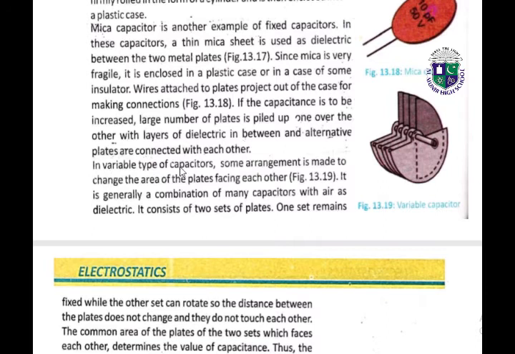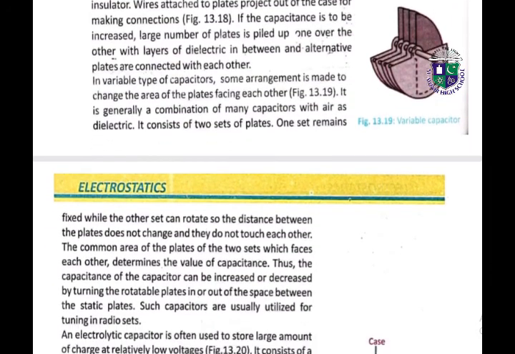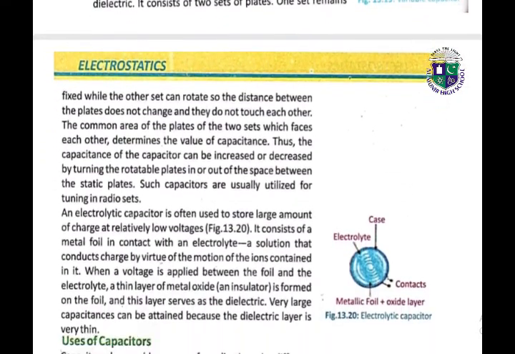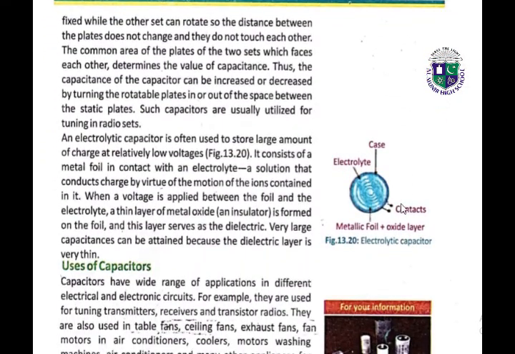Next, in variable types of capacitors, some arrangement is made to change the area of the plates facing each other. It is generally a combination of many capacitors with air as dielectric. It consists of two sets of plates. So here we have the variable capacitor in figure 13.19. One set remains fixed while the other set can rotate, so the distance between the plates does not change and they do not touch each other.